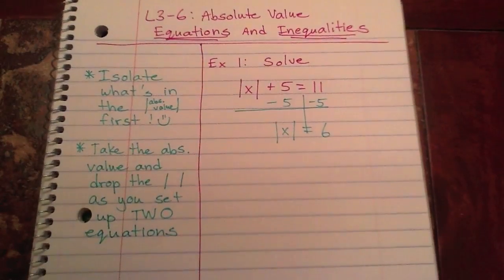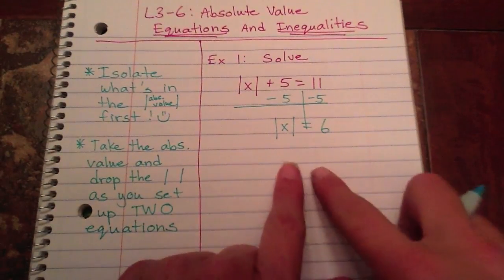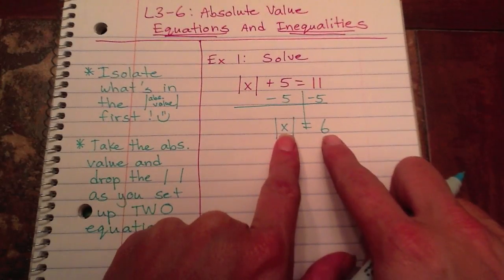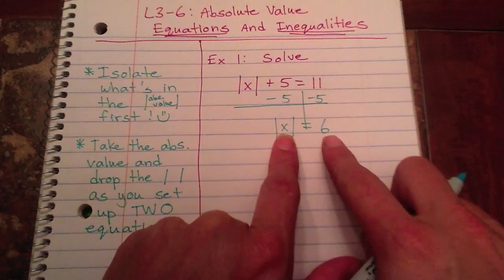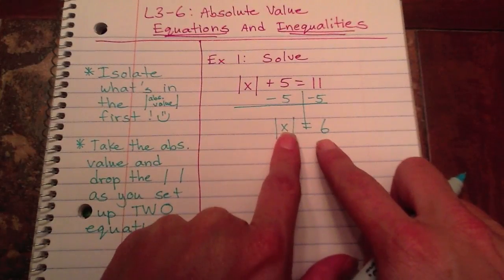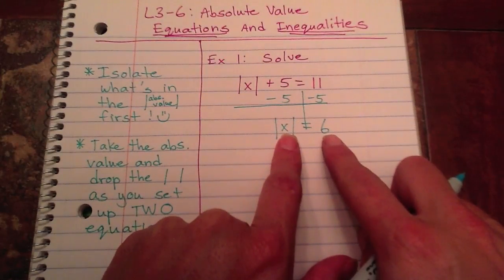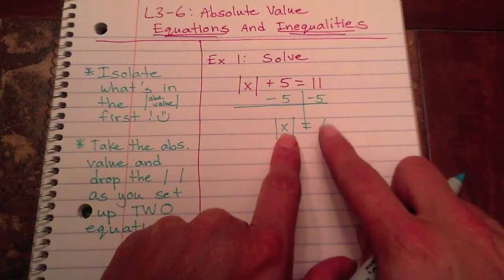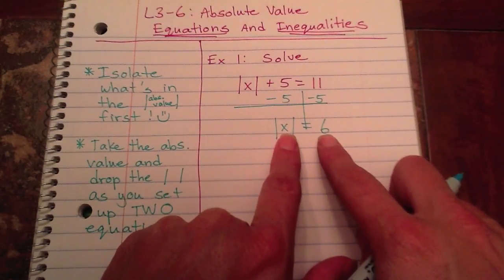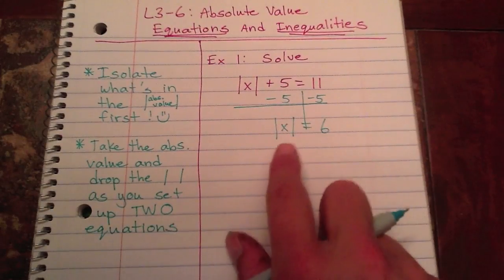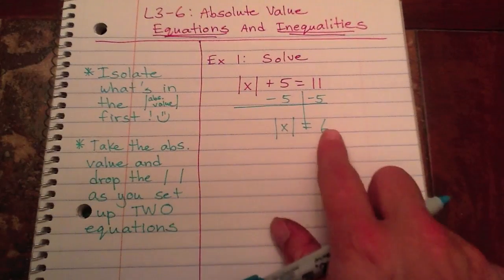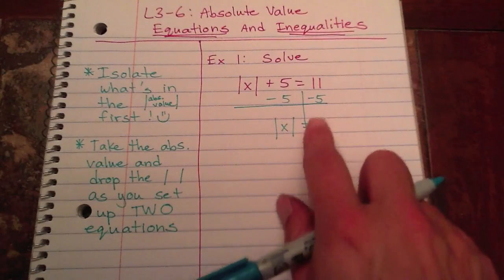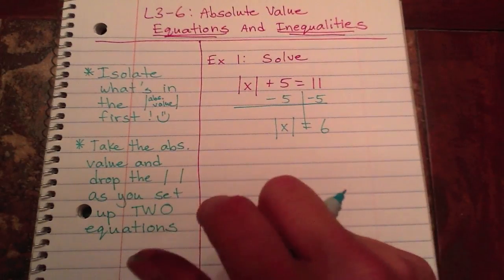If you all remember, we've already reviewed absolute value this year. You can probably already see the possible answers here. You know that this could be 6 because the absolute value of 6 is 6. You also know it can be -6 because the absolute value of -6 is 6. So what you're doing is you're taking whatever's in here and setting it to the positive version and then the negative version of the answer.